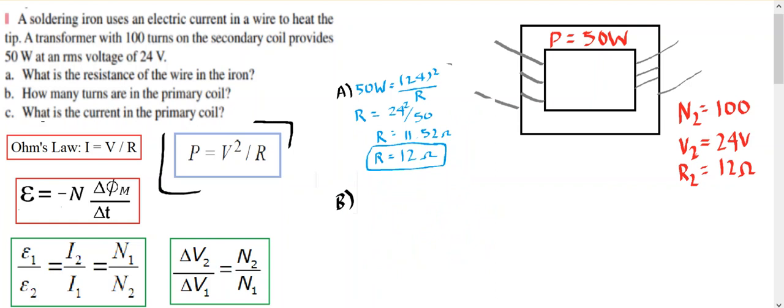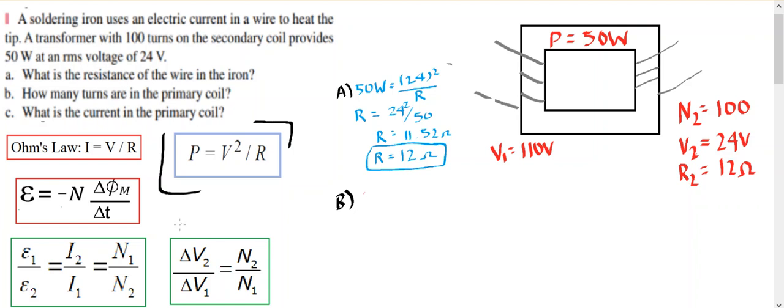For part B, it asks, how many turns are in the primary coil? Since we have more than 2 variables for our secondary coil, and we know that the voltage for a regular socket outlet is 110 volts, we will use that as the voltage for coil 1.